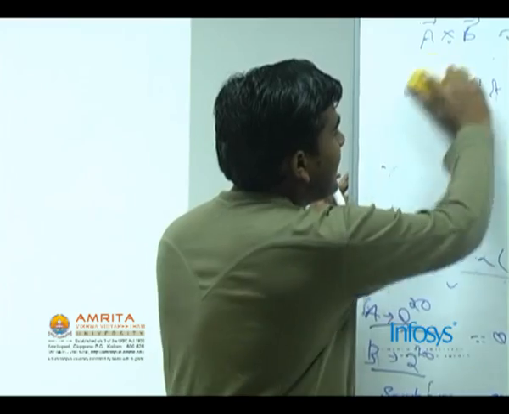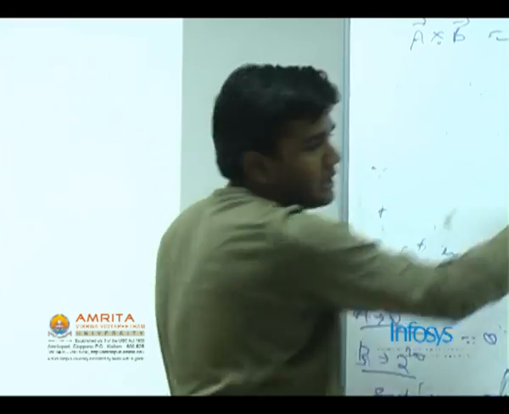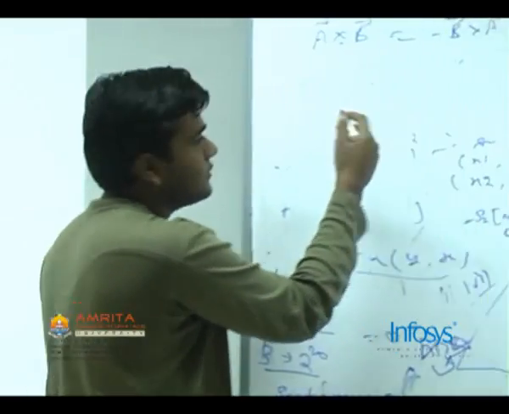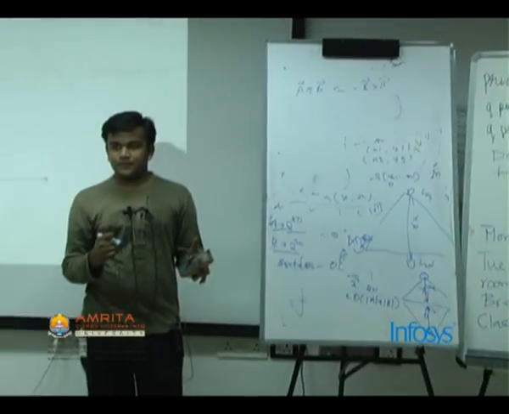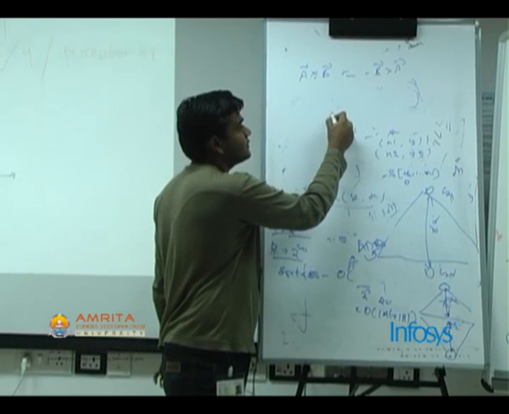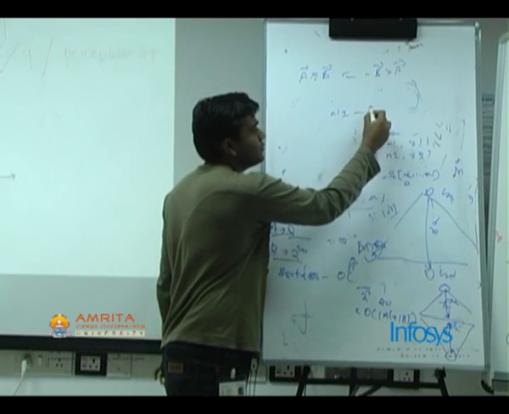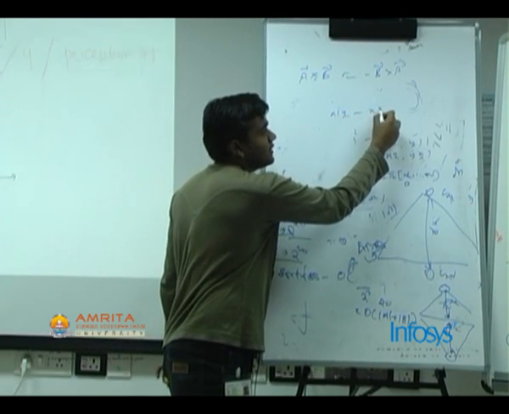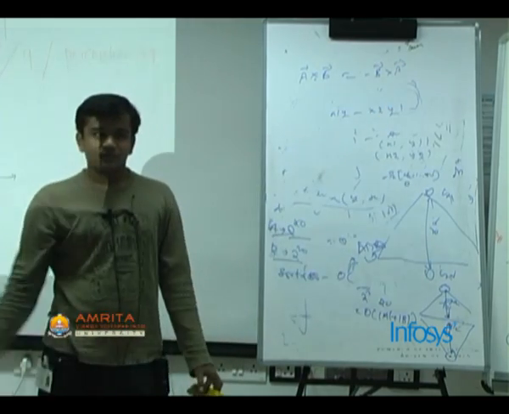Now if we instead had the components of each vector, that is x1 y1 and x2 y2 as the components of vectors A and B, then the magnitude of the cross product is x1 y2 minus x2 y1. Is this clear?